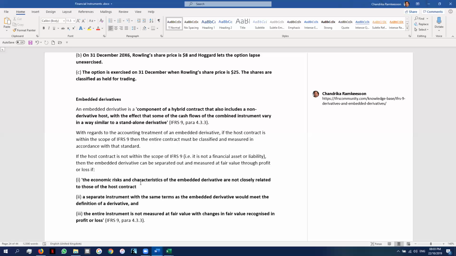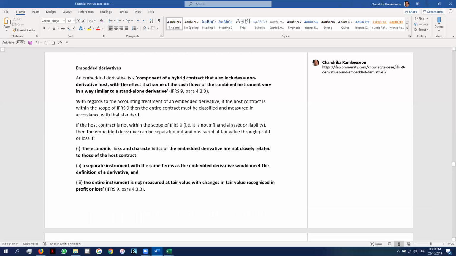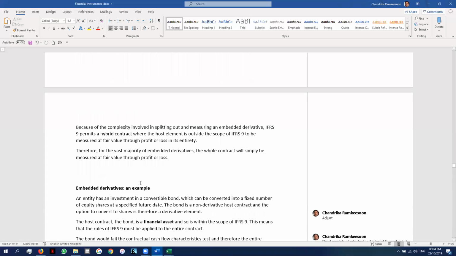Now, note this, however: because of the complexity involved in splitting out and measuring an embedded derivative, IFRS 9 permits a hybrid contract where the host element is outside the scope of IFRS 9 to be measured at fair value through profit or loss in its entirety.